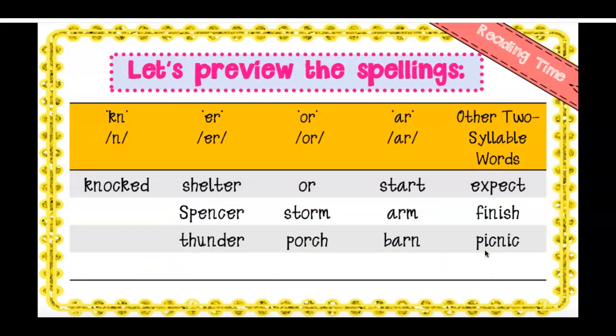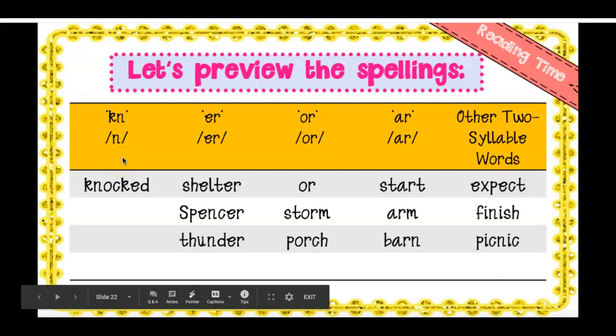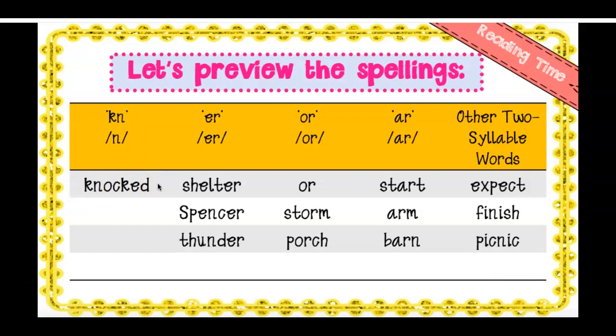We have some tricky spellings in our reading today. We have the N sound, spelled with the letters K-N, knocked. We have the er sound, spelled with the letters E-R, in shelter, Spencer, and thunder.